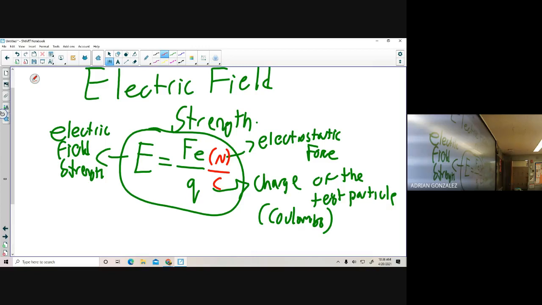Instead, the unit for electric field strength is newtons per coulomb. Does that make sense? So, how are we going to put this together? Simple.